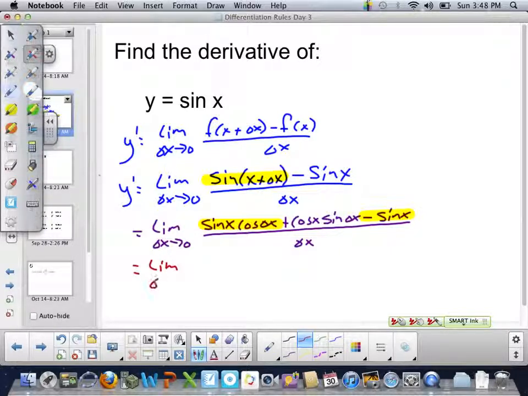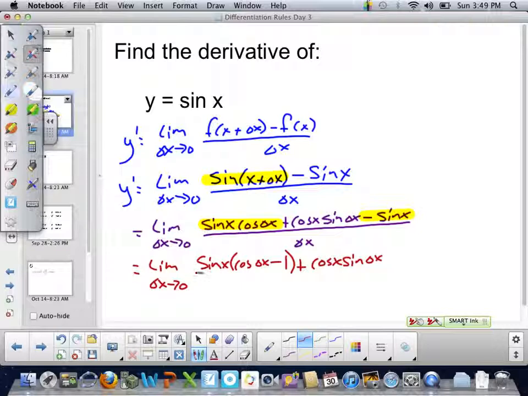The limit as delta x approaches 0 will be sine x times cosine delta x minus 1, plus cosine x sine delta x, all over delta x.